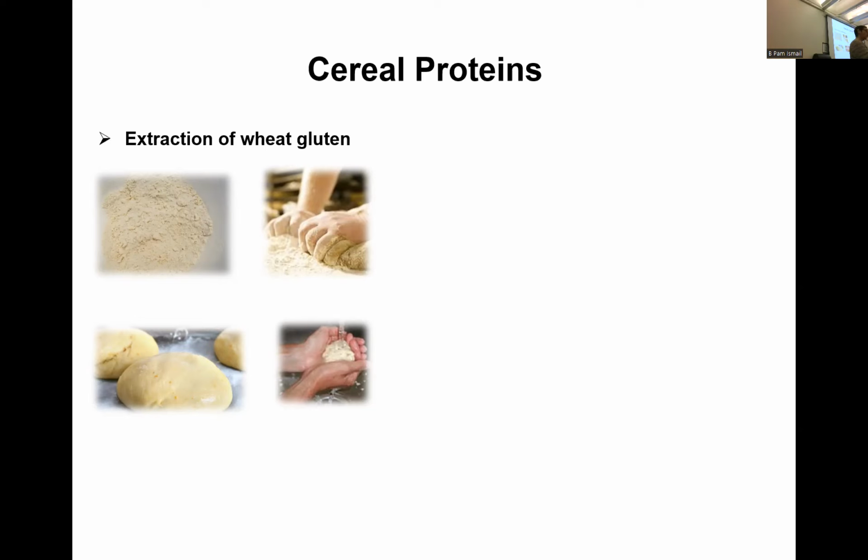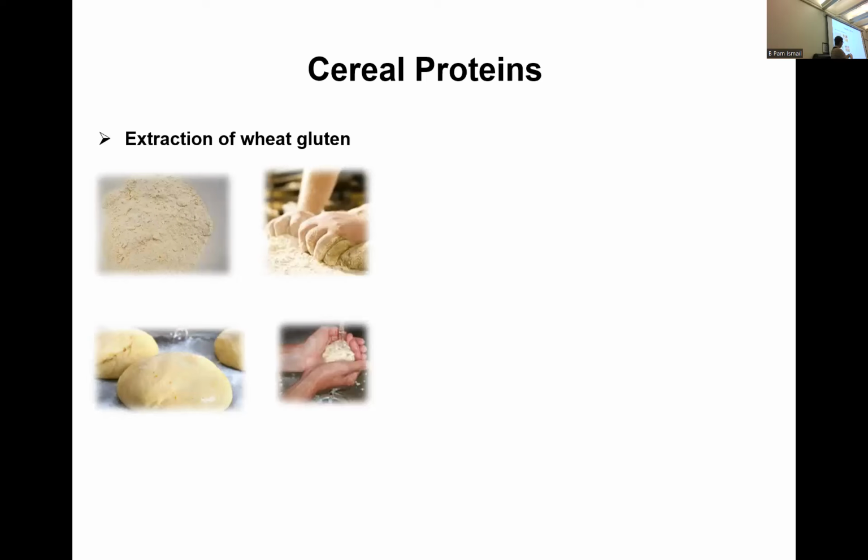You don't want to do that. You want to continue kneading the dough under the water, working it so that you lose the starch and the water becomes cloudy. The starch goes away, and in your hand at the end is gluten, a very gooey, elastic thing.